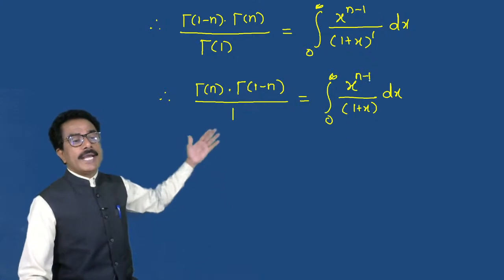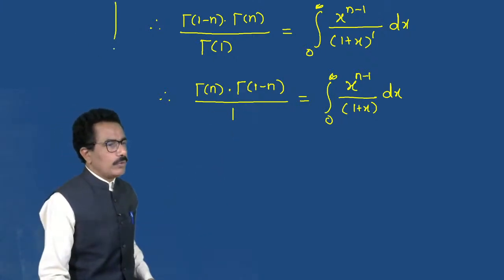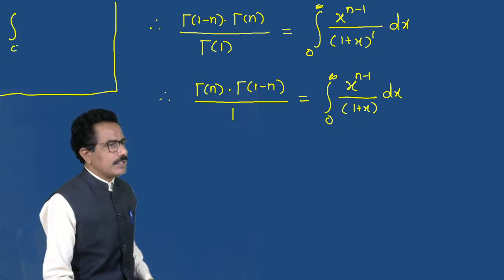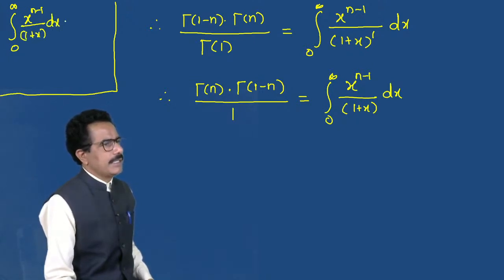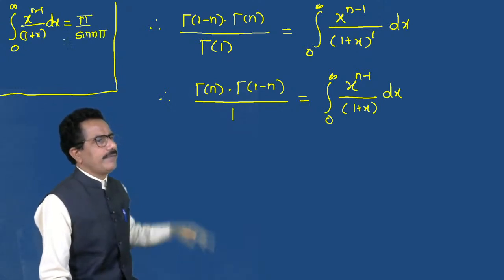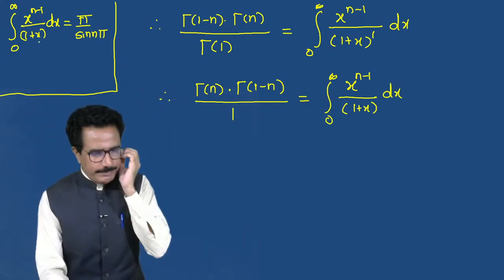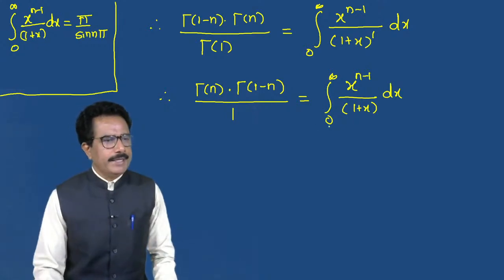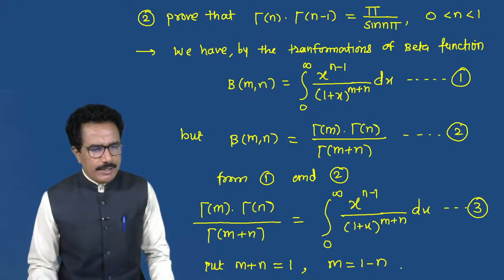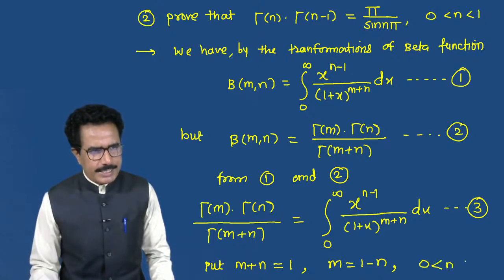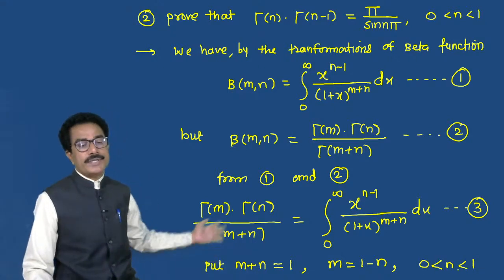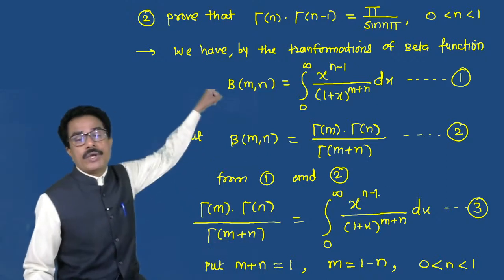But we know a rule, a formula: the integral from 0 to infinity of x raised to n minus 1 divided by 1 plus x dx is pi divided by sin n pi. This is the formula. According to the condition, 0 is less than n is less than 1, which is the condition given in the problem.